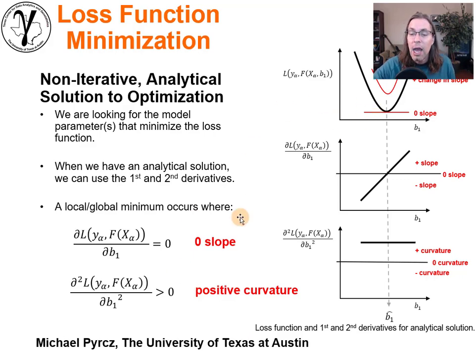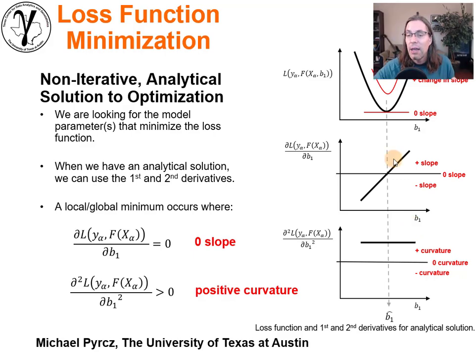Now, we could look at the first derivative of this function. It's a quadratic in this case, so it will simply become a line. And we can very clearly see where we cross the 0 slope, right here. If we take the second derivative of a quadratic, it becomes a constant value, i.e. it's just constant curvature over the entire range that we're considering.